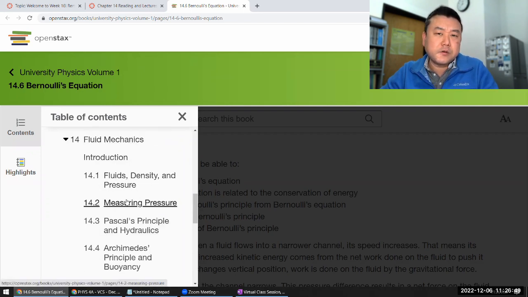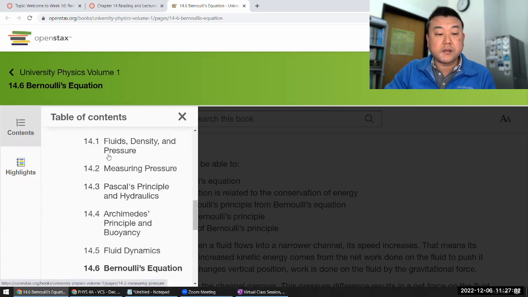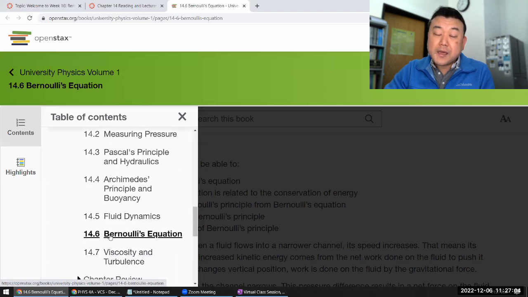Because in the field you go into, maybe mechanical engineering or civil engineering, where fluid mechanics is important to you, you will learn so much more than what we can cover here. So it's okay to skim through it, rush through it.